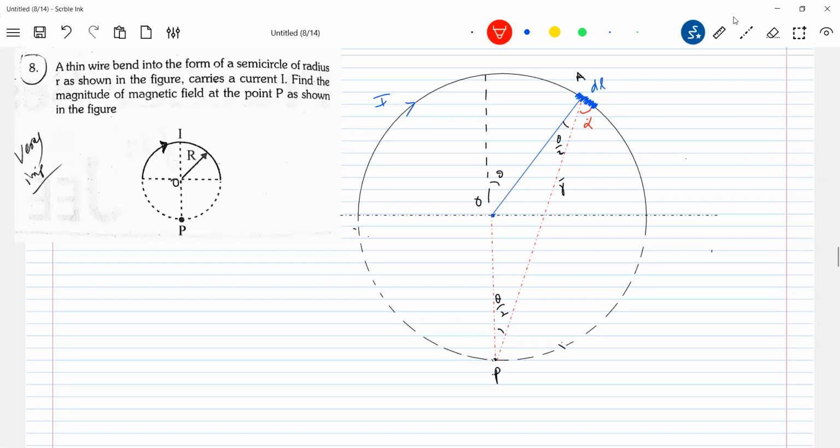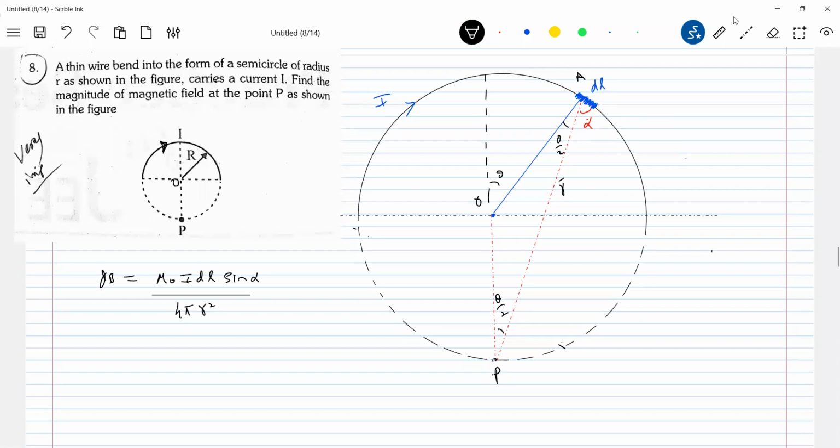So directly now write the Biot-Savart law equation. dB is equal to mu naught I DL, the angle between the current element and R bar is alpha, sine alpha, by 4 pi R square. So what is R square?